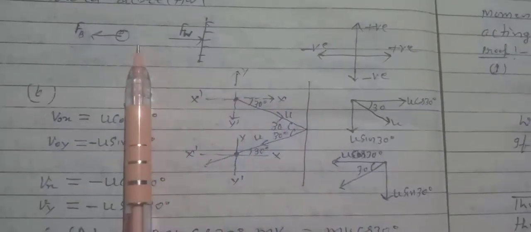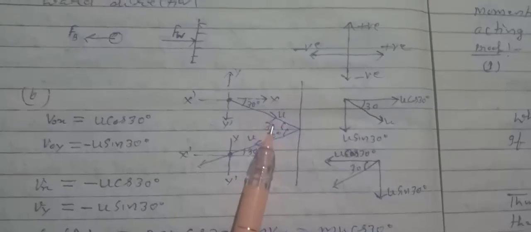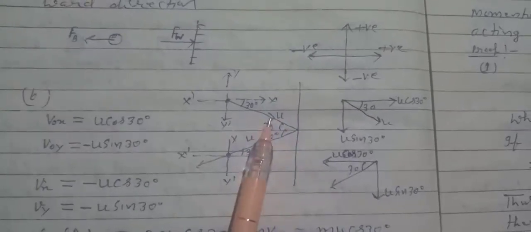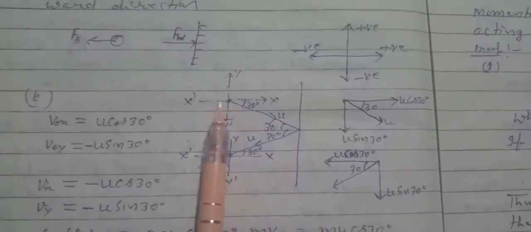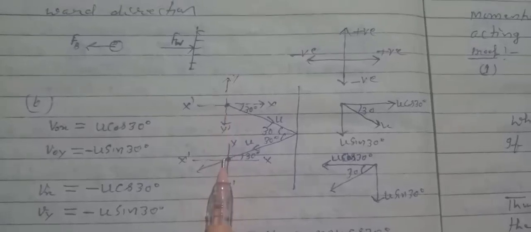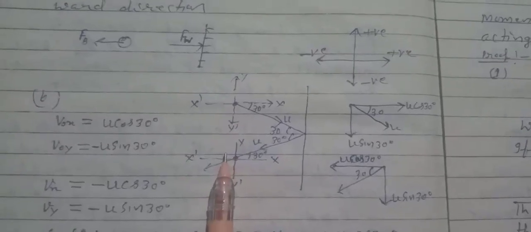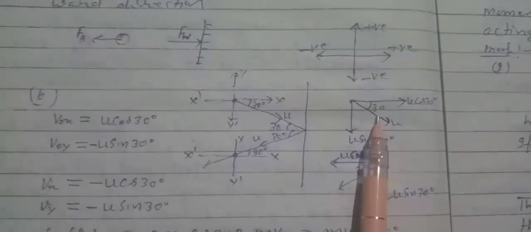In the second condition, the ball is striking in a direction as shown in the figure with velocity u. So the initial velocity will have two components, one along the x direction and another along the y direction. This situation is shown here.